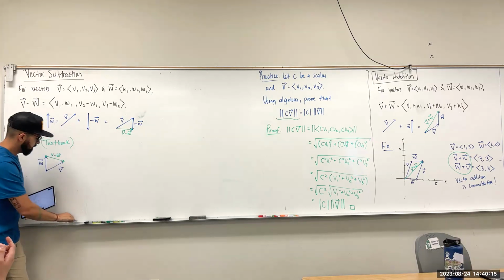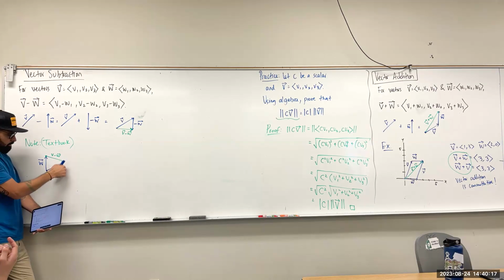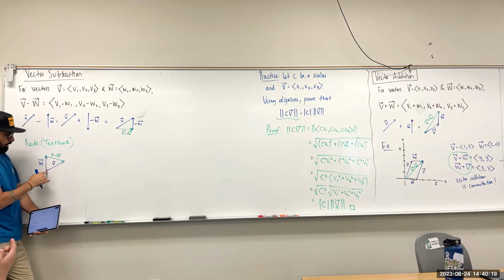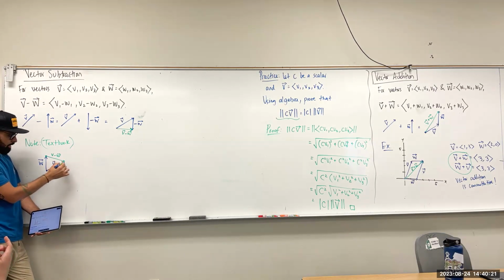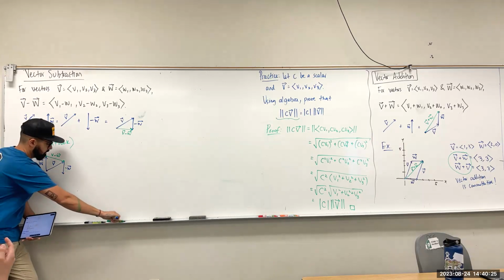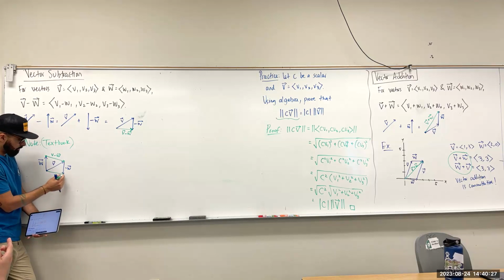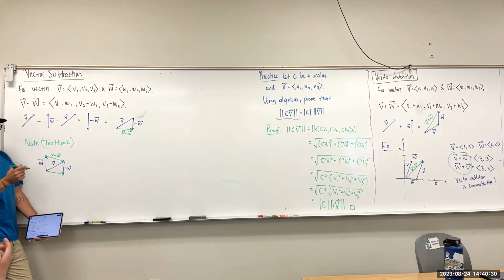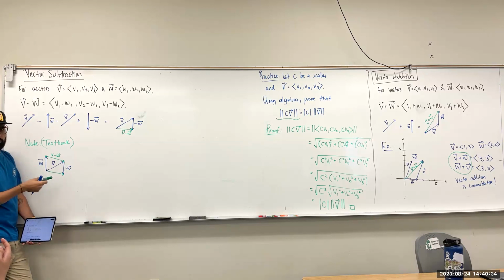Well, because if I have V, and then I minus W, the way we did over here, these two green vectors are exactly the same magnitude and the same direction. So that's why they're trying to be equal.